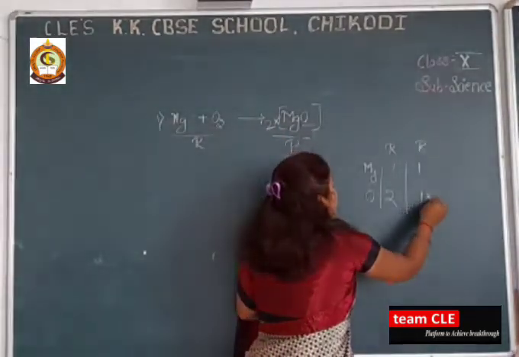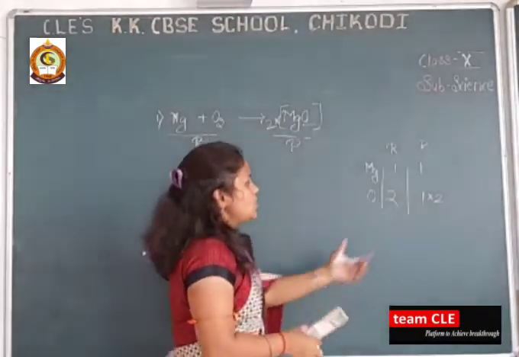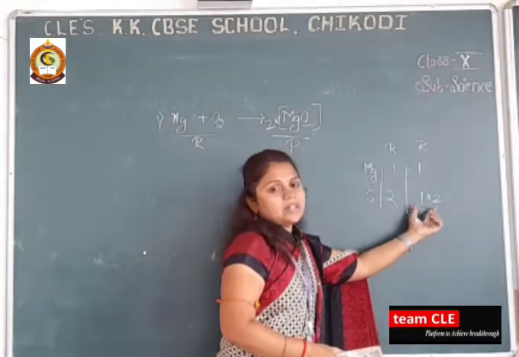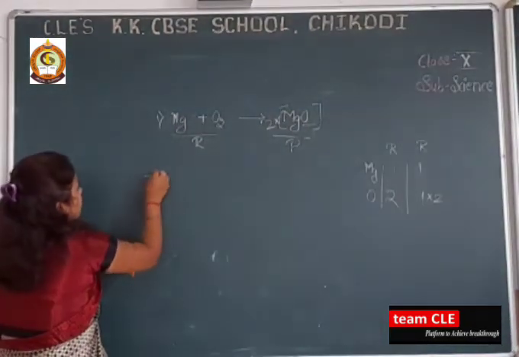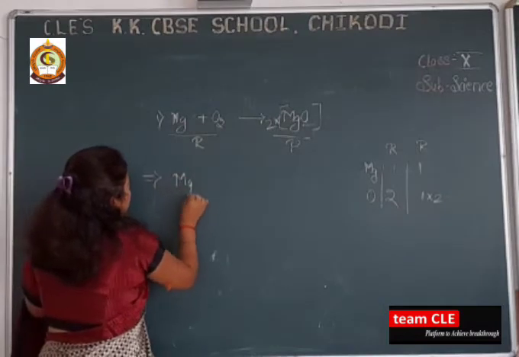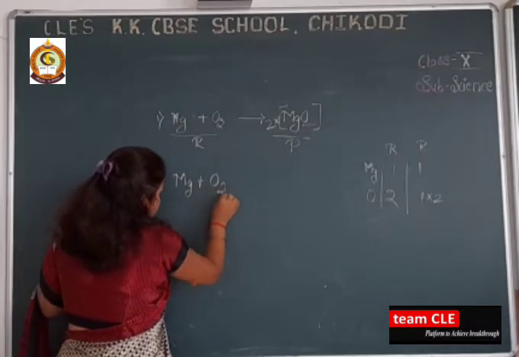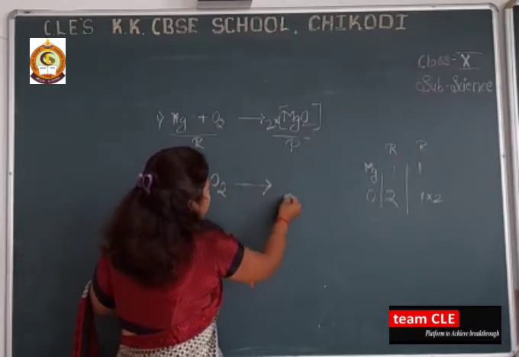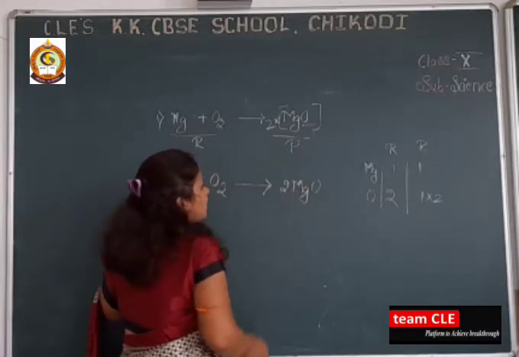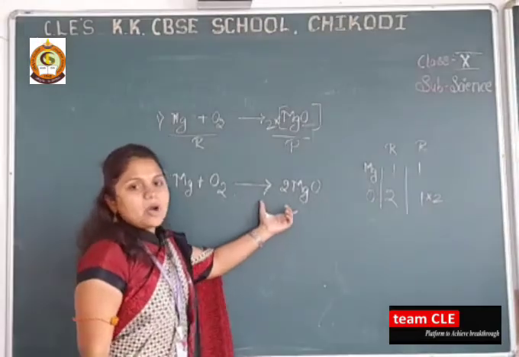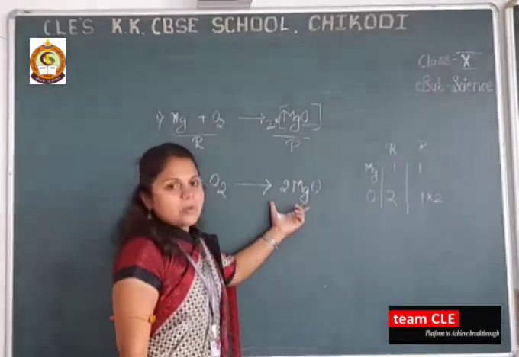Okay, so by 2. Now the confusion arises when we are multiplying with the 2. So what will be the product? Let's write once again. Magnesium plus oxygen becomes 2MgO. Again the problem starts. Which problem?